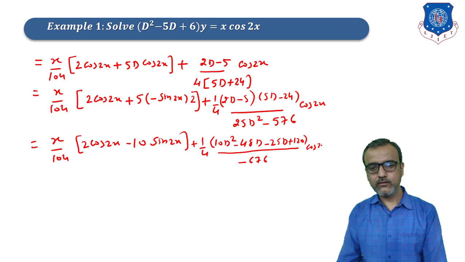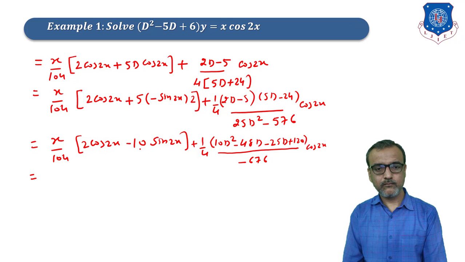Now this is equal to, taking 2 common from these two terms, so we have 2x upon 104.